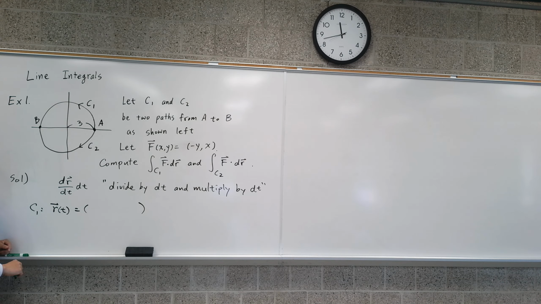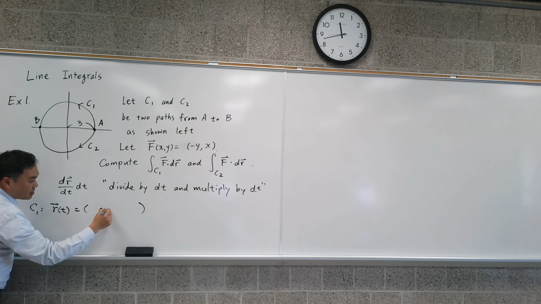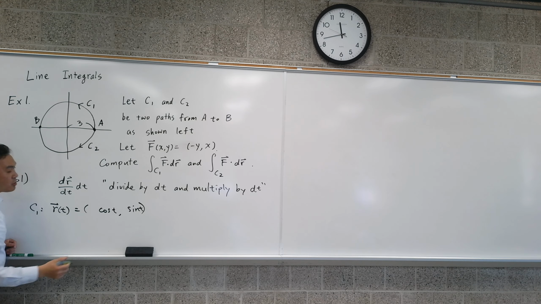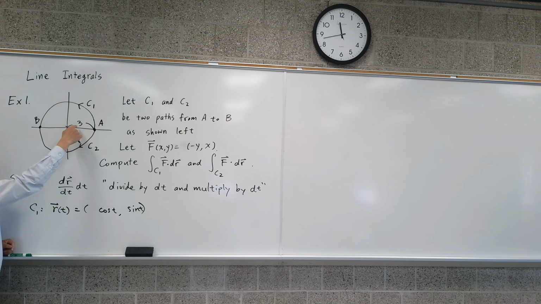And one quick answer is you want cosine t and sine t, because what do we know about cosine t, sine t? They're on the unit circle, right? So the unit circle is smaller, it's radius 1, but it does start at this point, go circular, and at t equals pi, you arrive at the other side, right? So this almost does it. What else do you need to do?